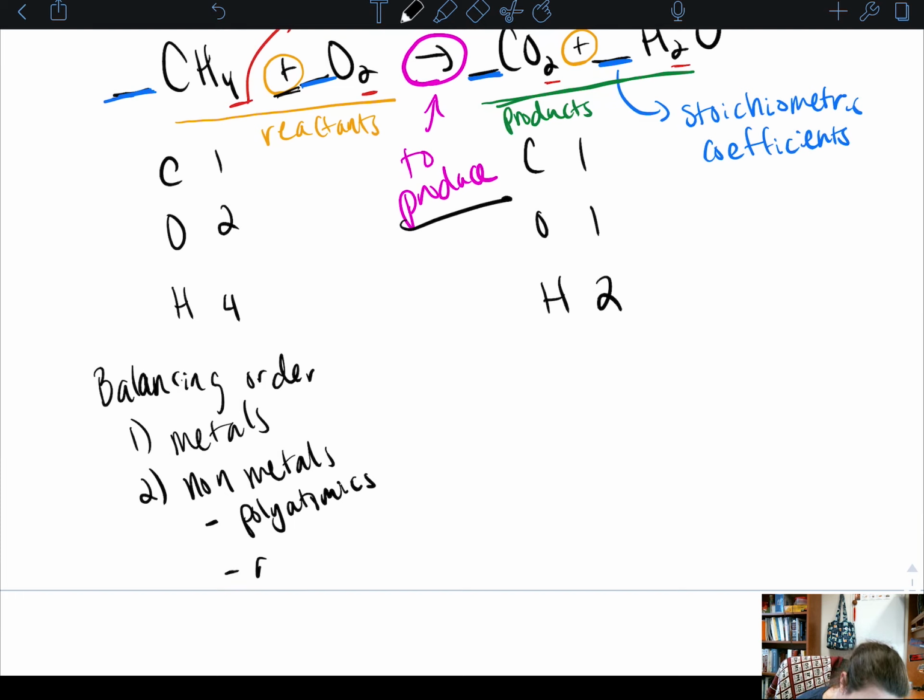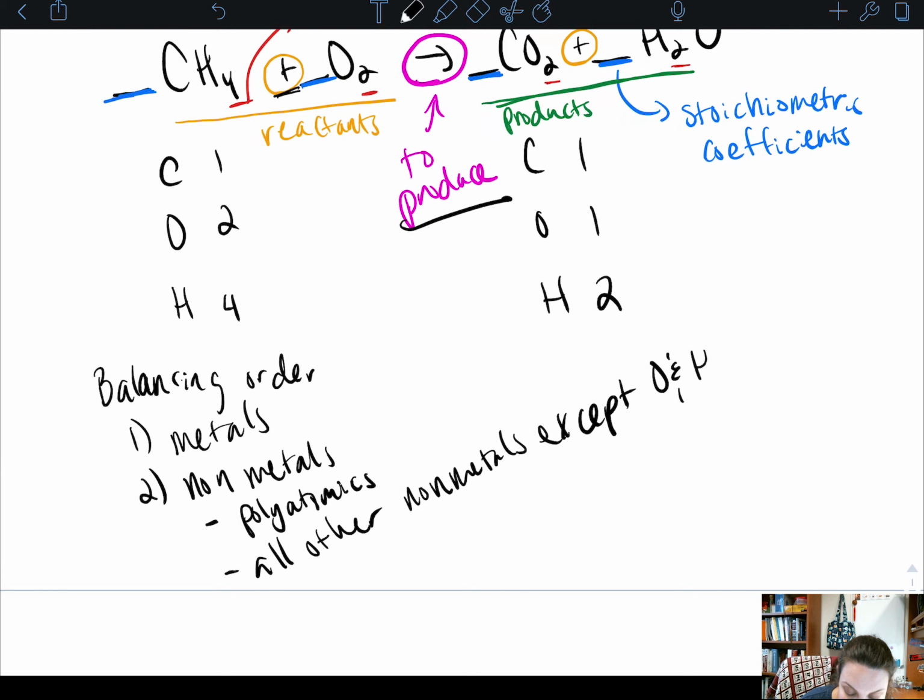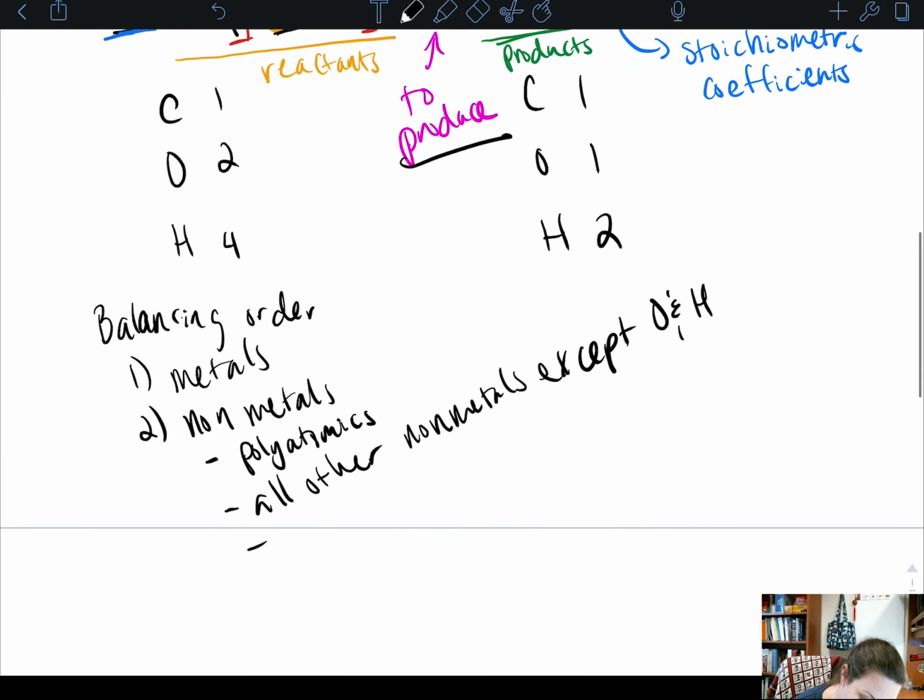Then all other nonmetals except oxygen and hydrogen, and then oxygen and then hydrogen. So you'll do metals, nonmetals, starting with your polyatomics, then everything else, then oxygen, then hydrogen.